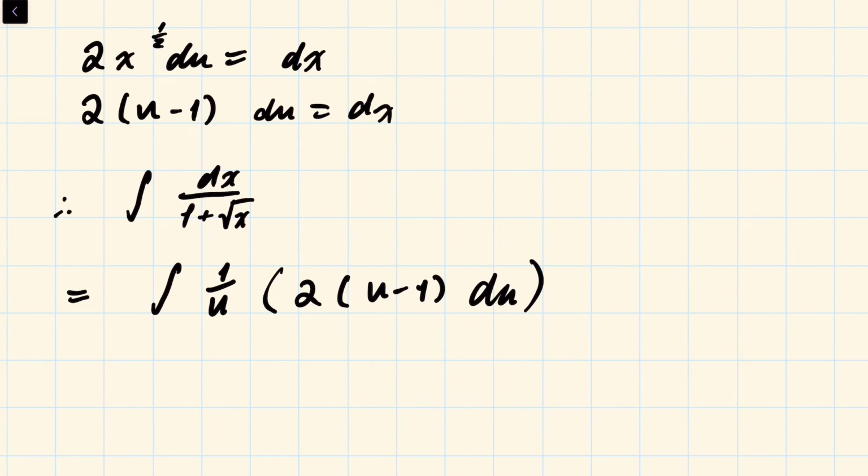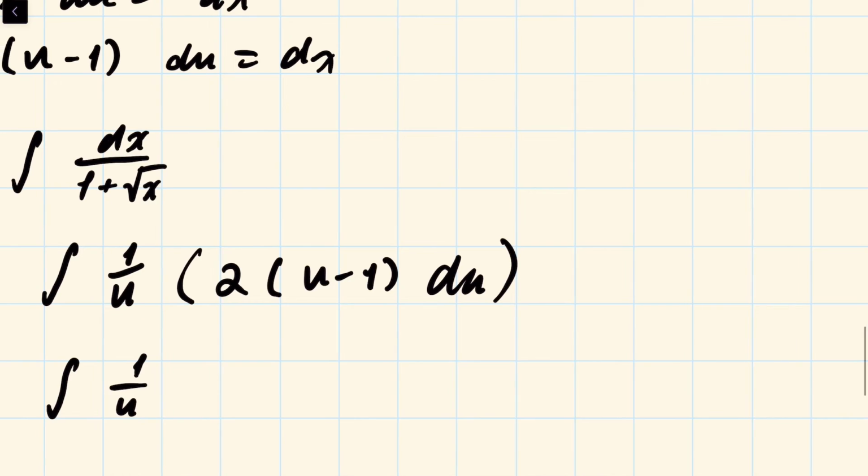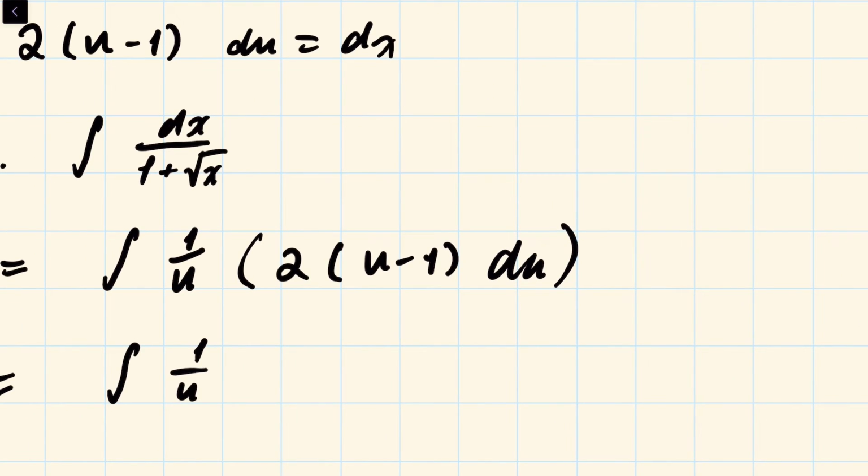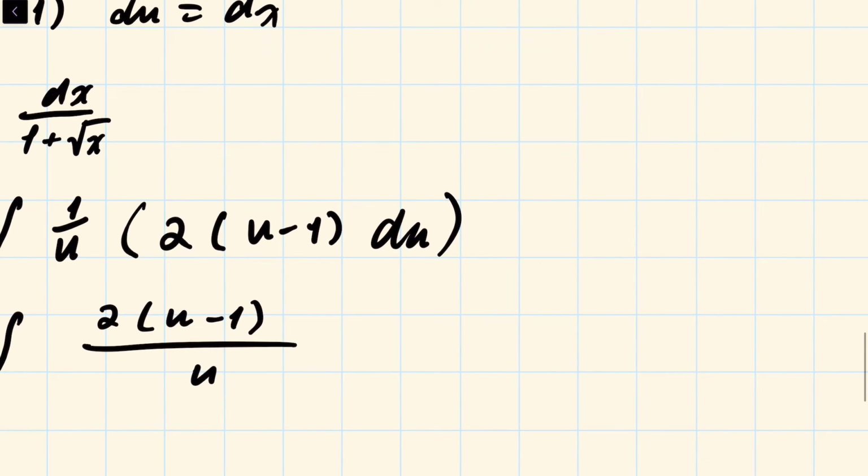Okay, and so, well, now we can organize this. So that's 1 over u. Well, it's actually 2 u minus 1 over u, right, and by du.